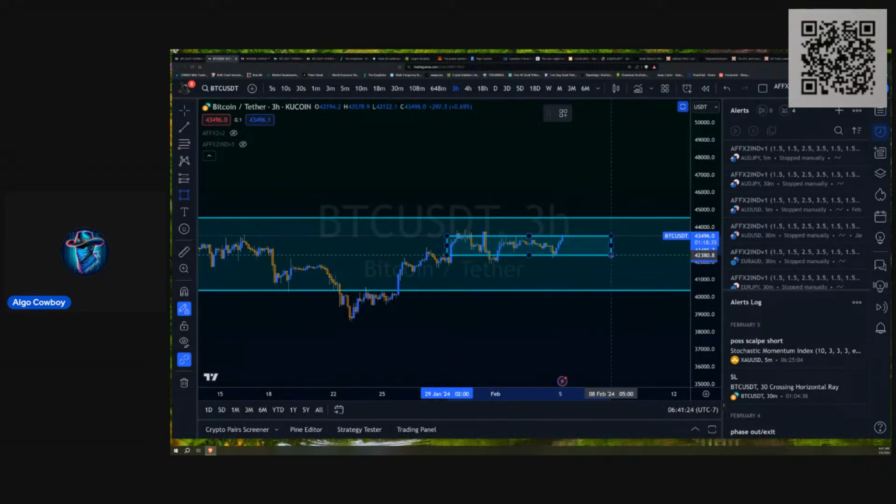So I would look at, if price is able to break above this, this range could be better defined a little bit higher because of the prior price action.